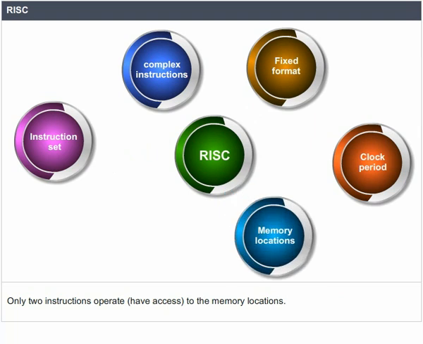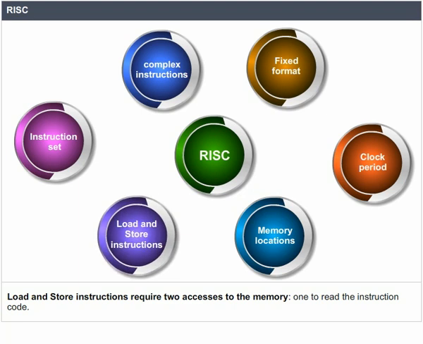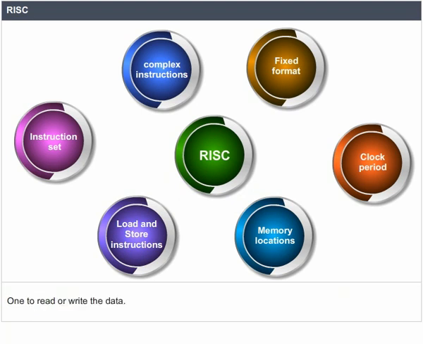Only two instructions operate, that is, have access to the memory locations. Load, read data from the memory into a register. Store, write the data from a register into the memory. Load and store instructions require two accesses to the memory: one to read the instruction code, one to read or write the data.